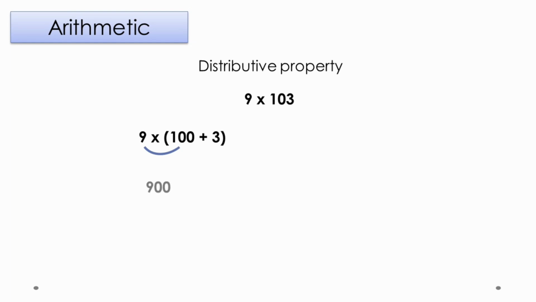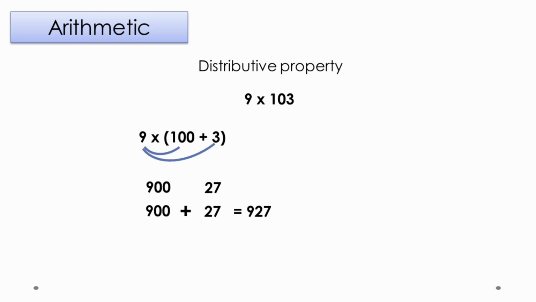It is 900. And 9 multiplied by 3 is also easy, which is 27. Now all we have to do is add 900 and 27, which is 927.